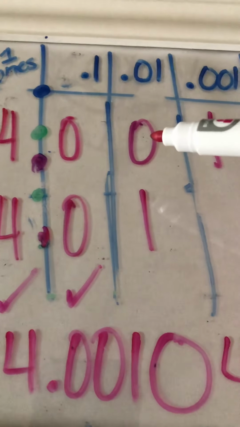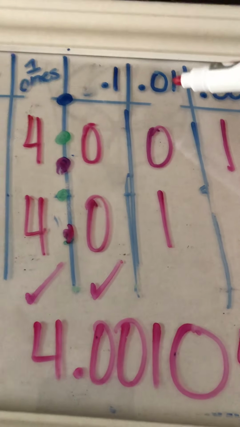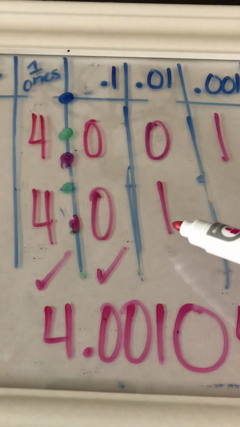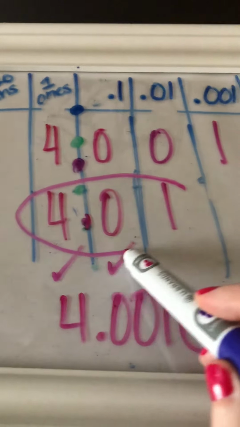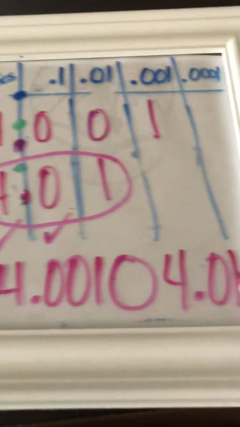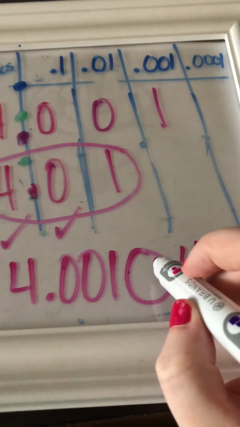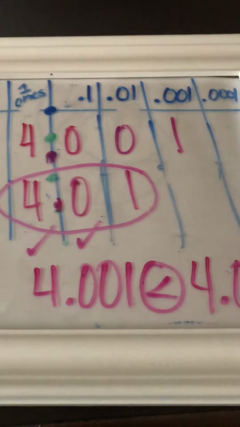And then we get here, and this is where we see our difference. I have 0 hundredths and I have a 100th. And I know obviously that 1 is greater than 0. So at this point, this number is larger. So we're going to say 4 and 1,000th is less than 4 and 100th.